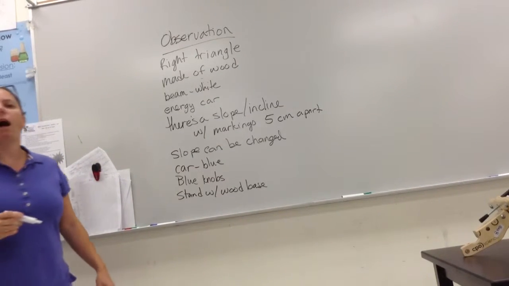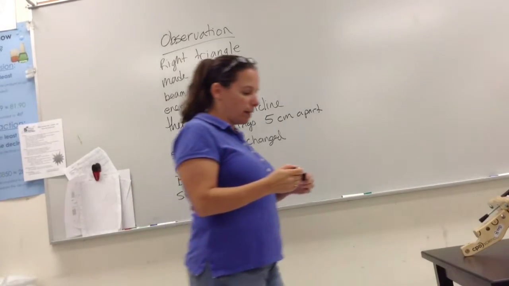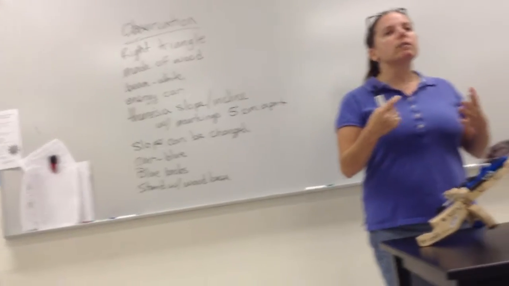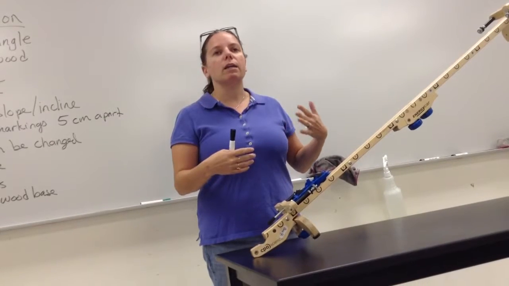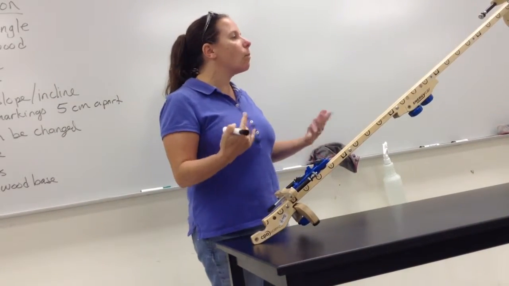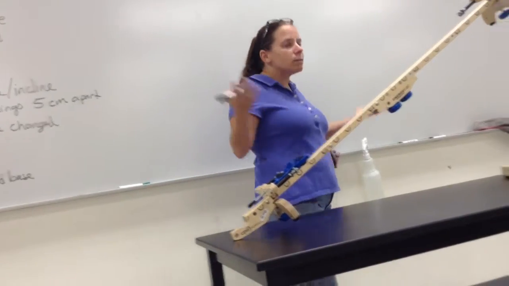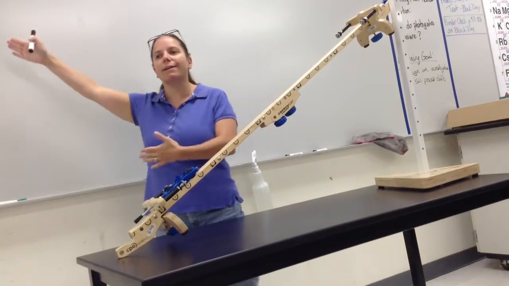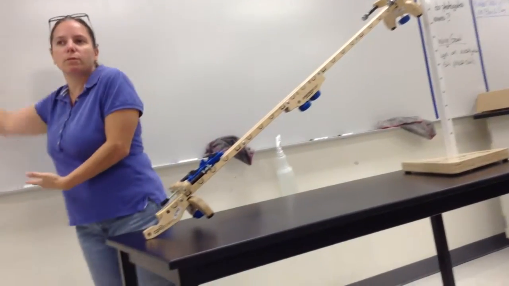All right. Our learning goal today is designing an investigation using science process skills. Step 1 of all science process skills is to make observations. Okay? All science begins with observations.